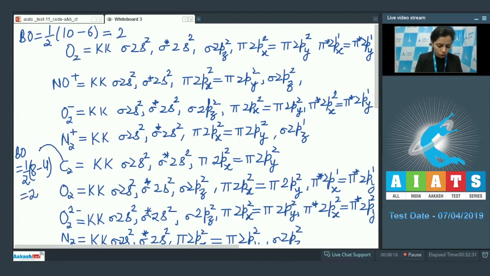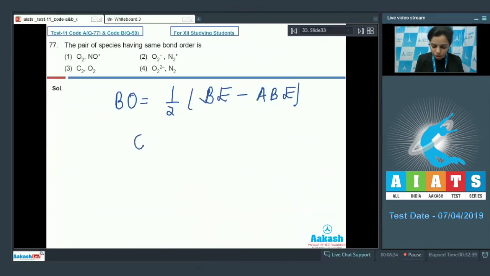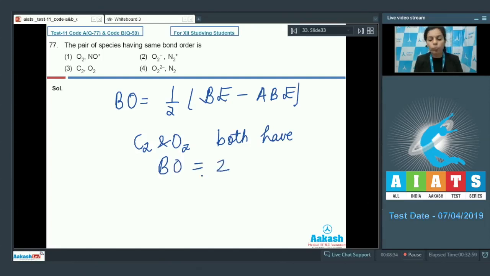So the bond order for C2 is also 2. The bond order for O2 is also 2, while for other species the bond order is not the same. So on this basis there are 2 species which have bond order equal to 2, and that's why we can choose option 3 as our correct answer.